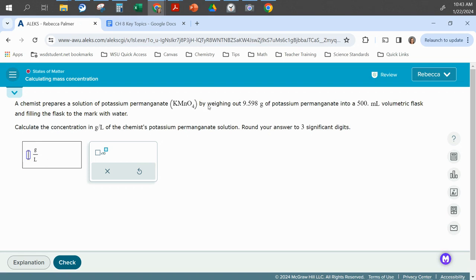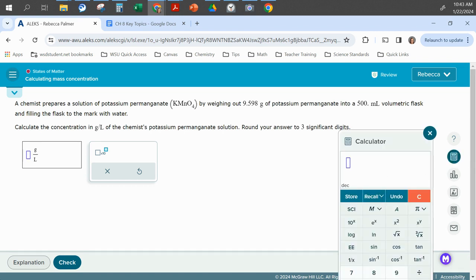Okay, this one's nice. This is the easy version. They give us grams. They give us milliliters. So we just have to convert milliliters to liters and then do grams divided by liters and type that in the box. Does that make sense? And make sure we have the right sig figs. So this one is going to ask us a concentration. You just have to figure out what units to use by looking at the box.